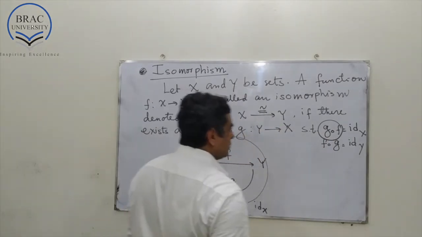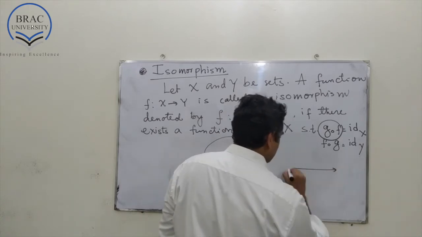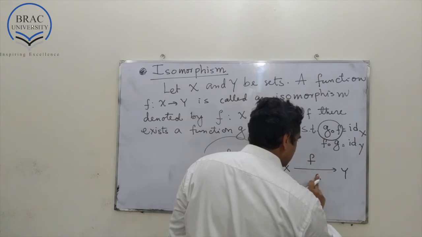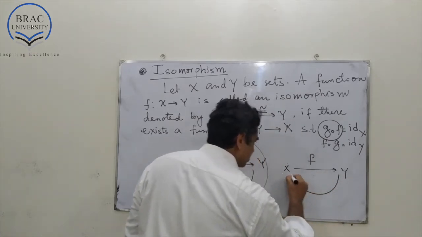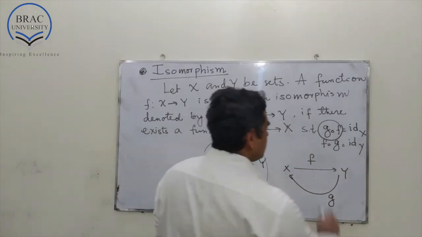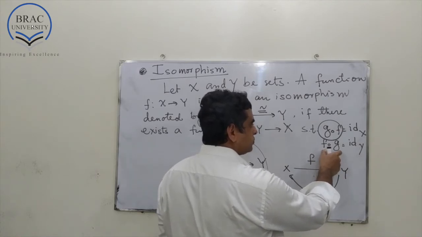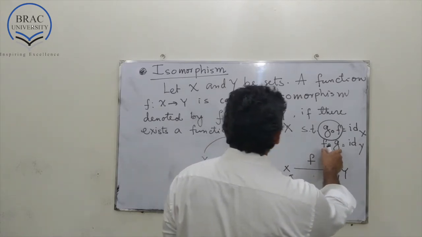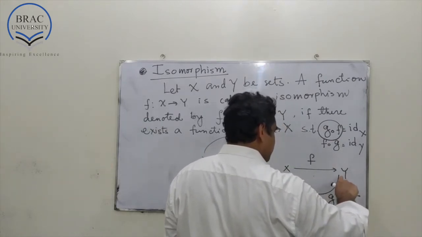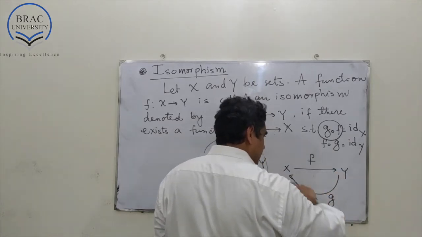And how to remember f composed with g? Let us draw the diagram again. f composed with g acts on Y first, and then gets back to Y this way.